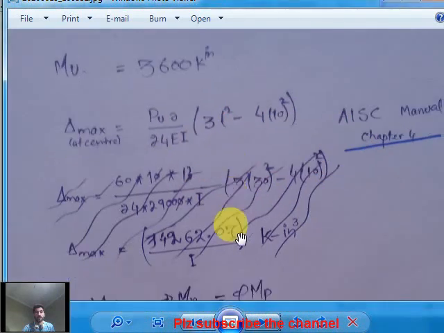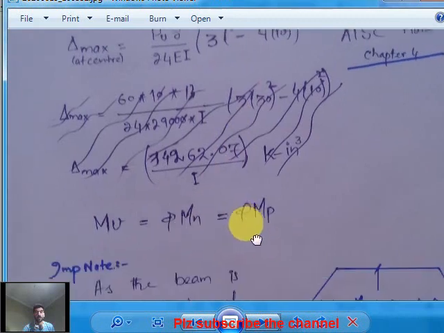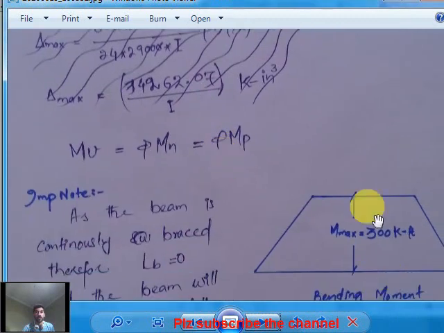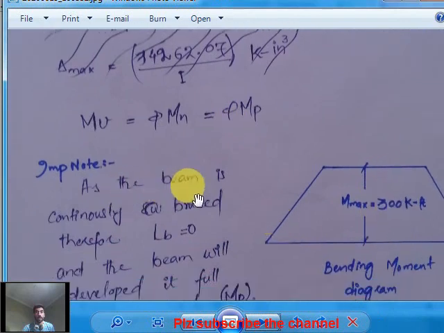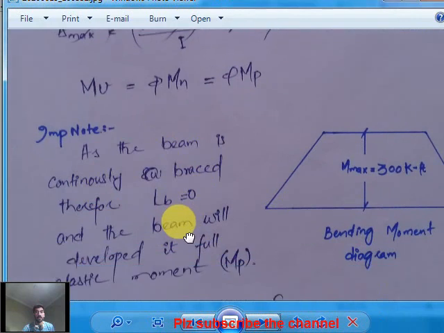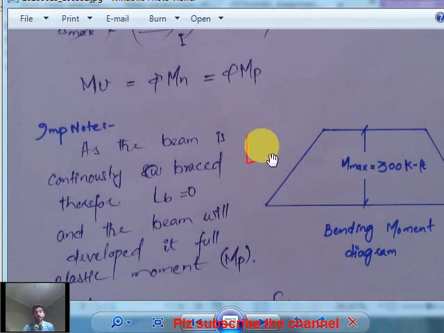Mu is equal to phi Mn, equal to phi Mp, and here you have the maximum moment. Important note: as the beam is continuously braced, Lb will be lesser than Lp. So it is also good news that your moment capacity Mn or Mp will be Fy times Zx.